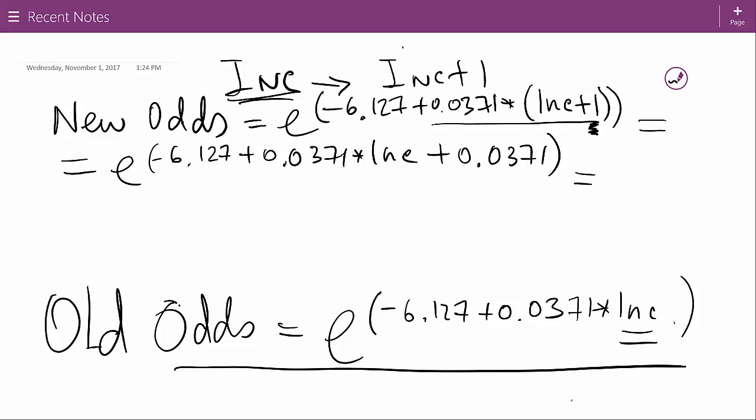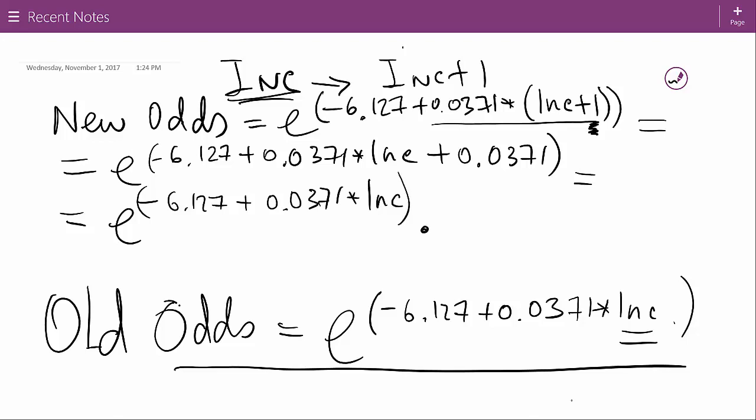So really, here's what happens. I can rewrite this expression like that. e to the power minus 6.127 plus 0.0371 times the old level of income, times e to the power plus this one right here, 0.0371. I'm just doing mathematical juggling. That's it.